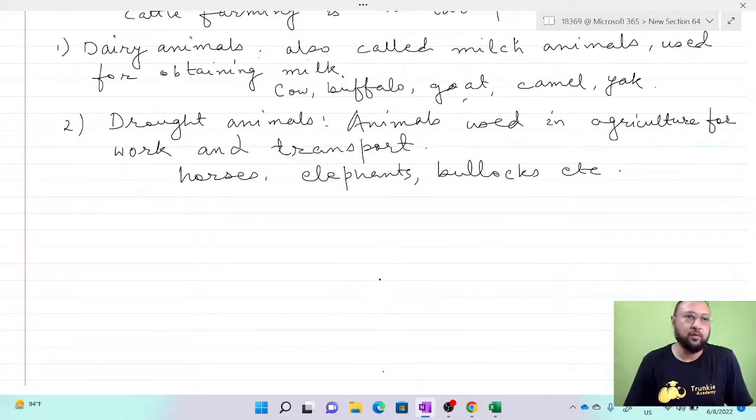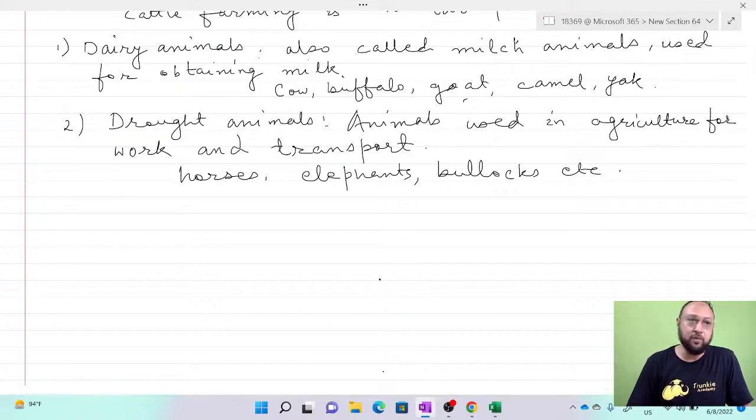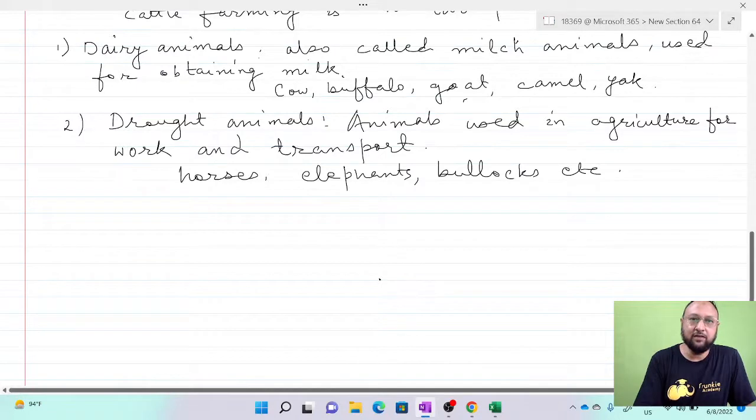There are various types of breeds found in our country, but 30 types of breeds are important. So, breeds of cows: there are 30 types of breeds in India.